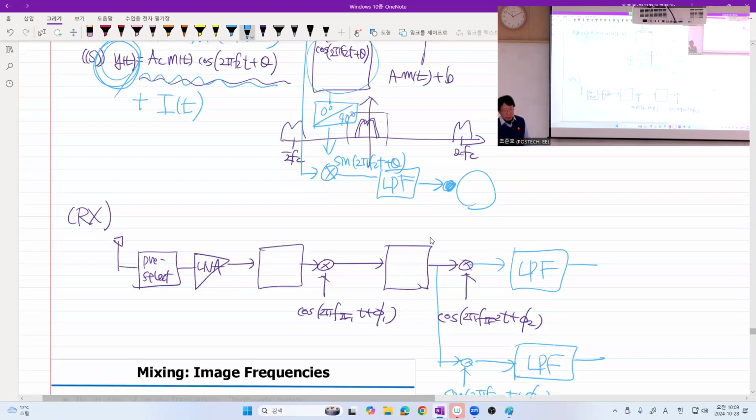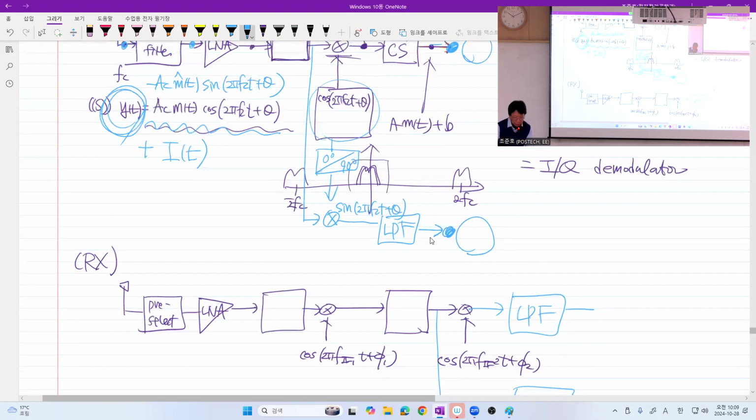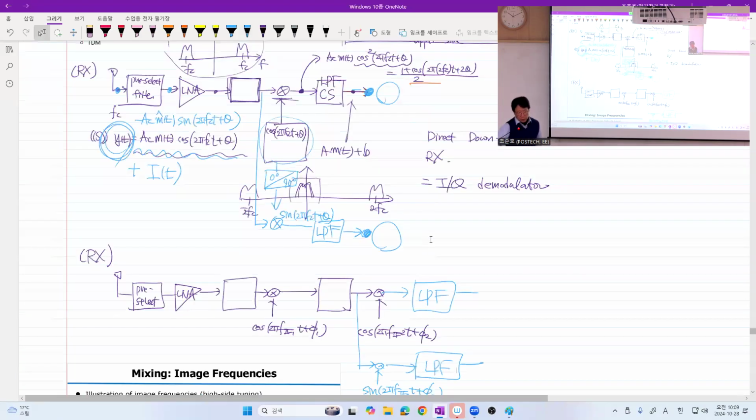So let's compare these two structures. If you just view the block diagrams only, the difference is that you have an extra filter, mixer and oscillator.